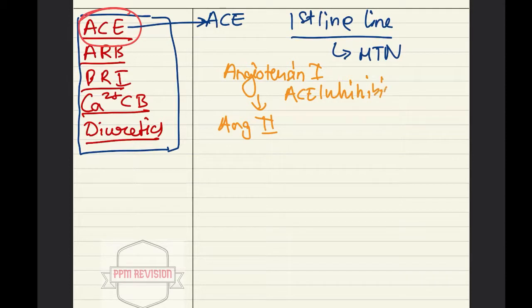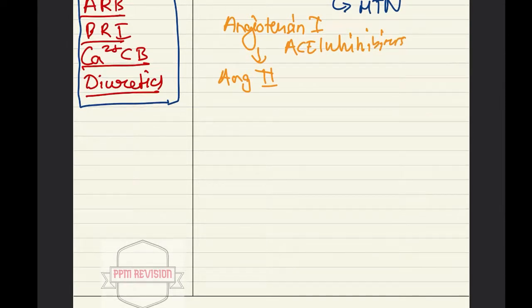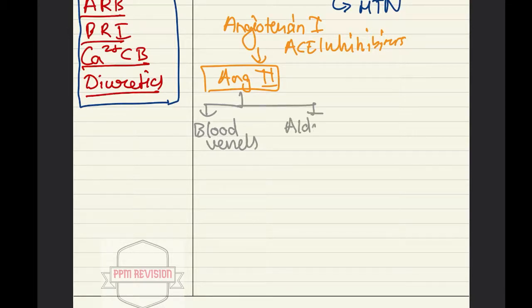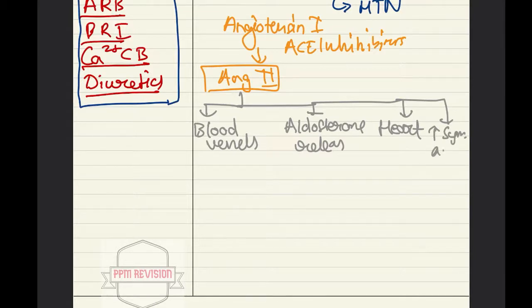And what this angiotensin 2 exactly does is that it acts on the blood vessels, and also acts on aldosterone release, and also acts on the heart, and increases the sympathetic activity.